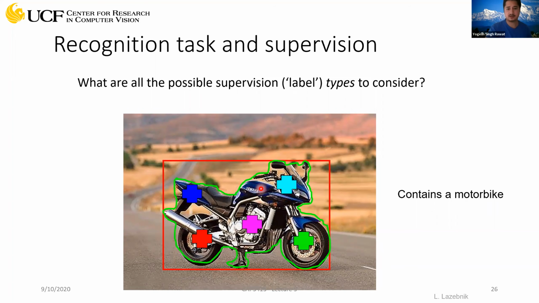And there can be other varieties such as this: you just want to determine the key points in that image. So for a motorbike, it's around the tires, around the engine, and the seat. These are different variations of annotations you can have, and it depends upon what kind of problem you're trying to solve. For the basic problem, image classification, we just need the image and the label saying whether that object is present or not.